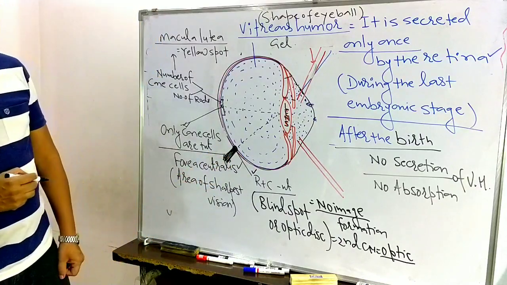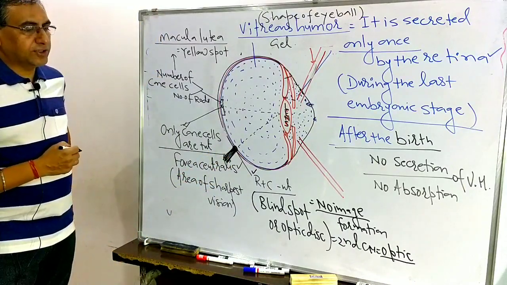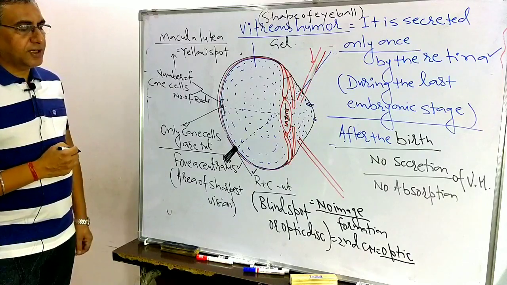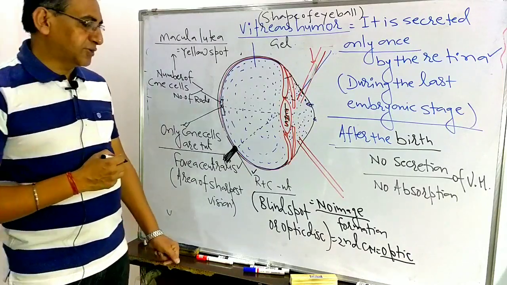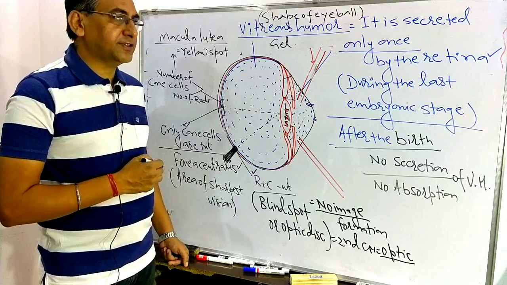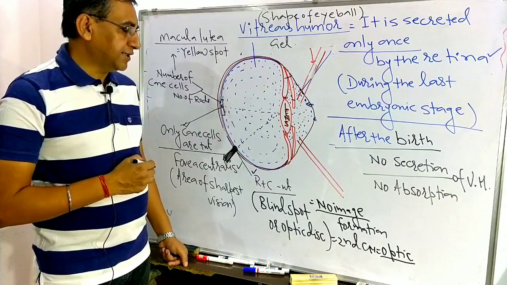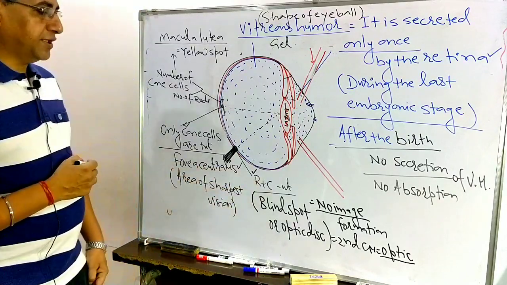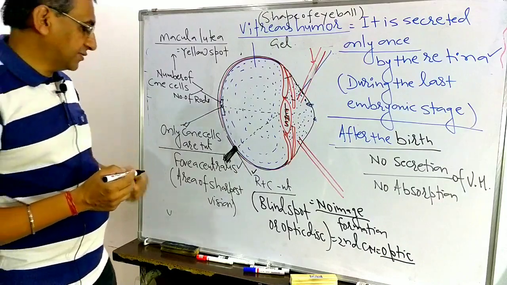It arises from this point. That's why this point is known as the optic disc, or the blind spot.